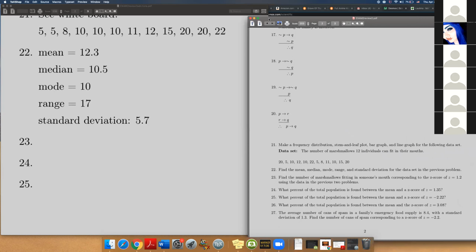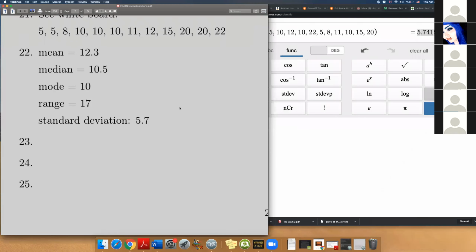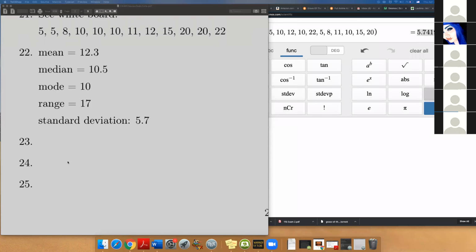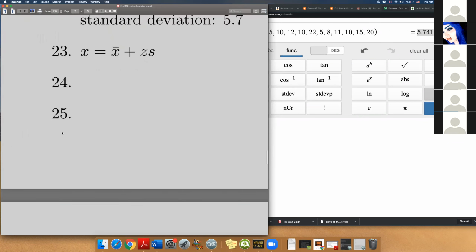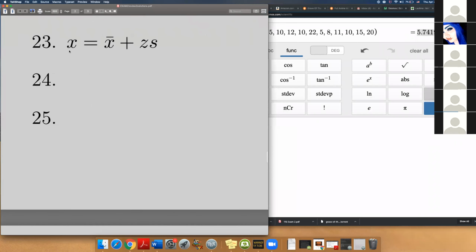So in other words, that's a person who can stuff more marshmallows in their face than average by 1.2 standard deviations. All right, so the thing we want to use here is a particular value x. You're looking at 23 here. Particular value x is equal to the mean, x bar, plus the number of standard deviations, that's z, times the size of the standard deviation, that's s.